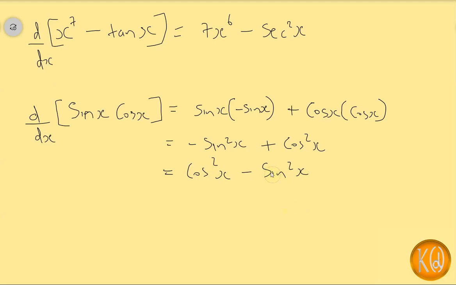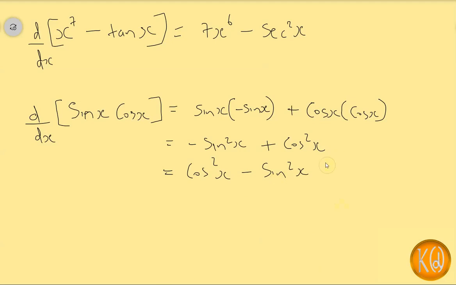Okay, and when I get into some trig identities, you will see that that result could actually be written as the cosine of 2x, but as I said, when I get into trig identities, then I'll cover that.